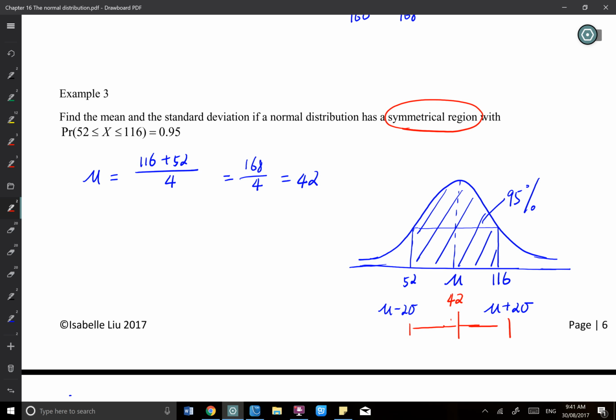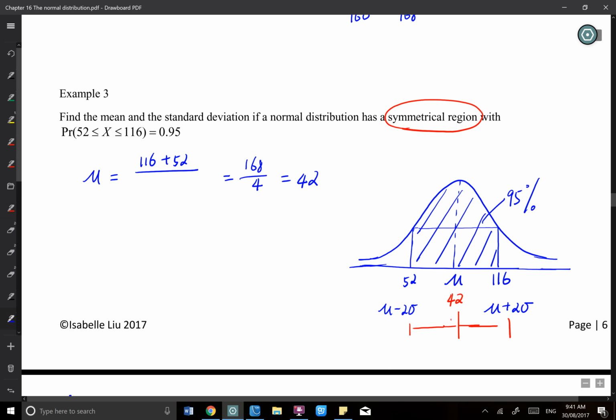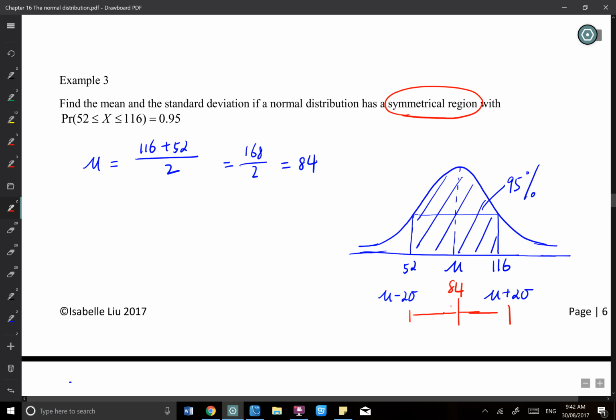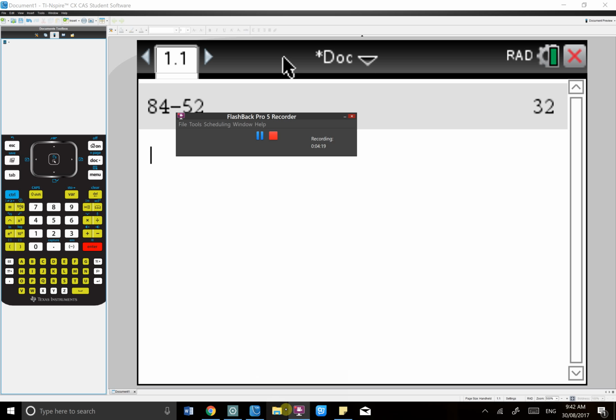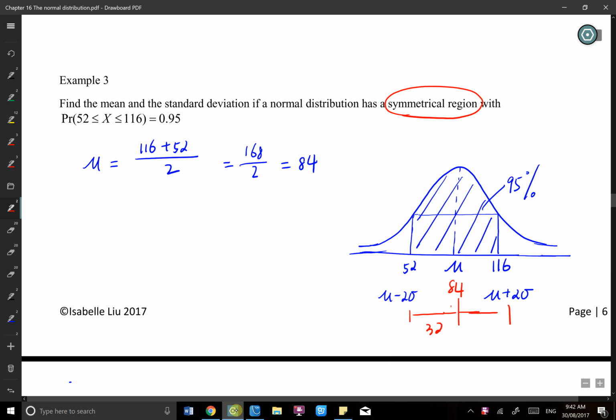Wait, the calculation is not that correct. 168, oh sorry, not divide by 4, it's divide by 2. Half. I want to find the middle, so it is 84 here. That's why I found it's not that correct. So I have 84 here. So you use 84 to subtract 52, and that's 32. And this side is 32 as well. You can check it. 116.